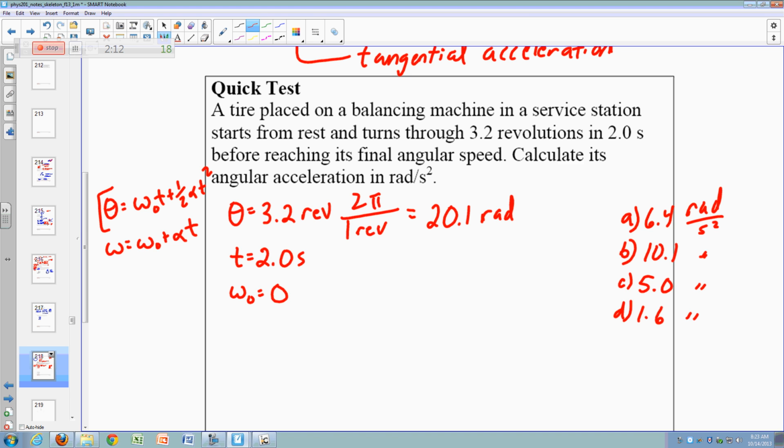Right. So I use theta. Let y'all wrap that up. Stop at 245. 245.